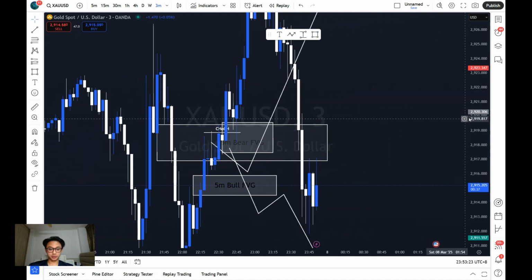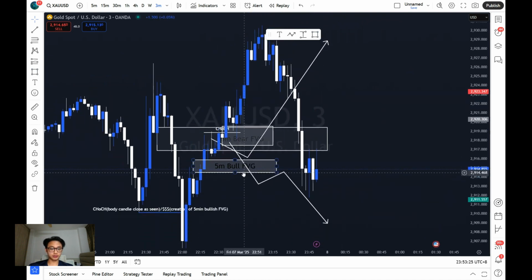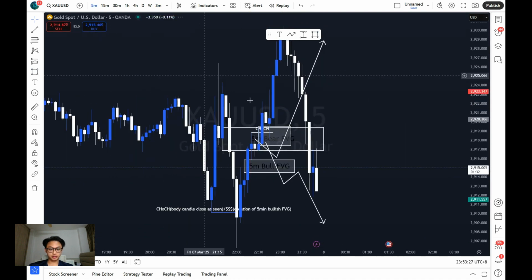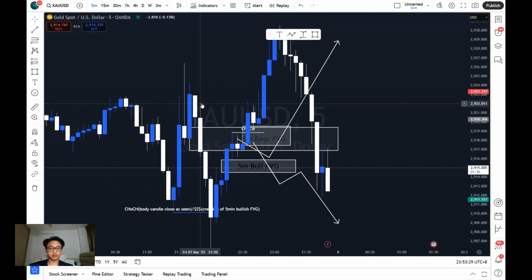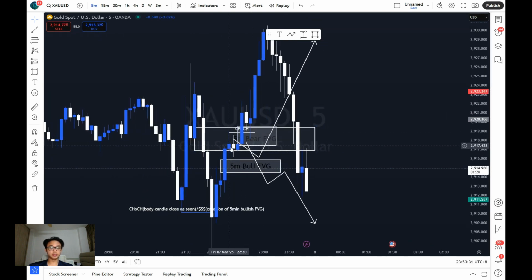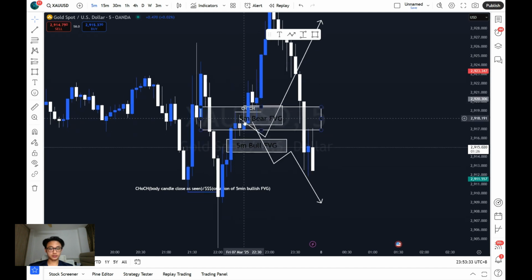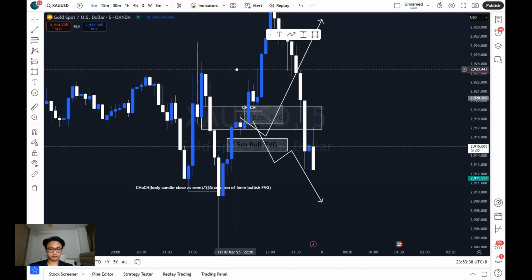So here we can see that price did not hit downwards the 5 minute bullish fair value gap, right? And mainly because the third candle isn't a bearish candle, right? It's kind of like a doji, right? And that price has already swept enough sell side liquidity to hit upwards already.